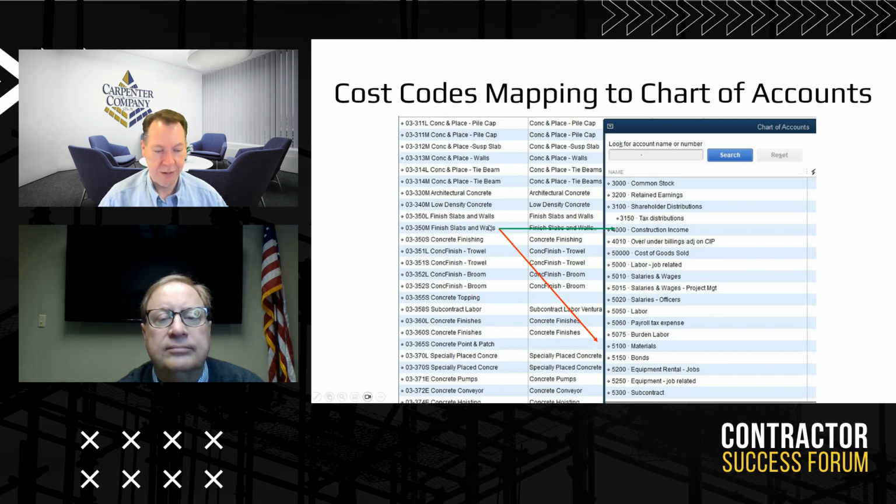Like this particular one for 03 350M slabs and walls, we're going to point to construction income when we bill towards that. So if we use that particular line item to bill our customers, then we're recognizing income on that. And that's with our markup. If we're recognizing the cost side and we've got payables, we're tying it to the same item, but that's going to translate to, say, the materials that's going to show up in your profit and loss.